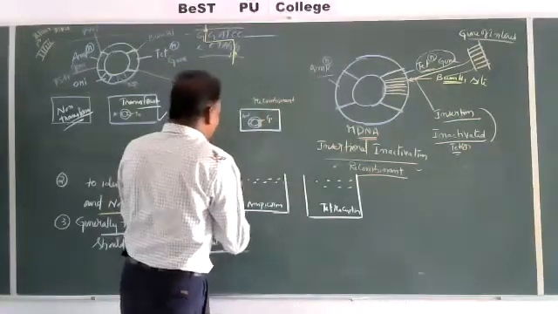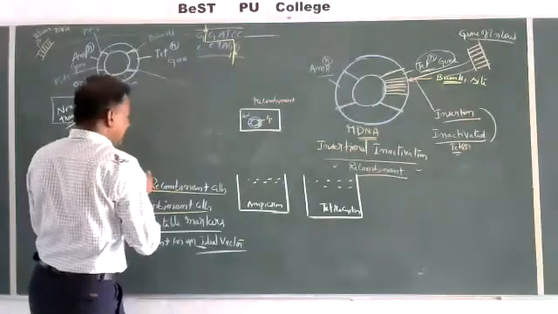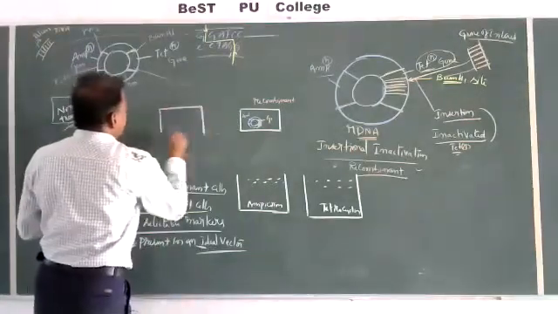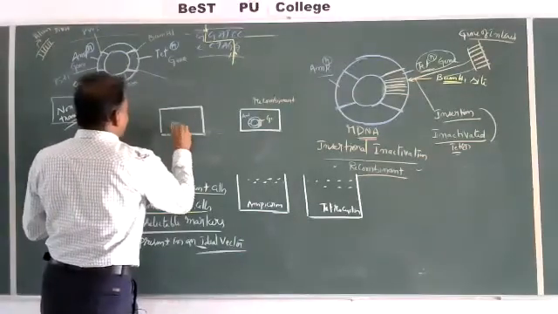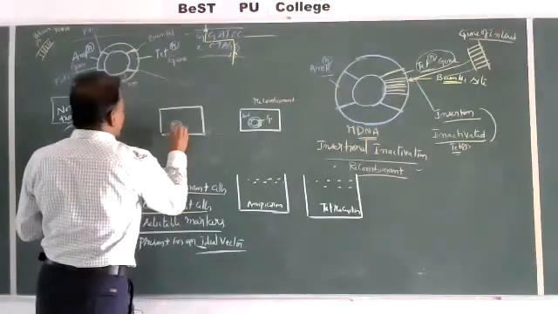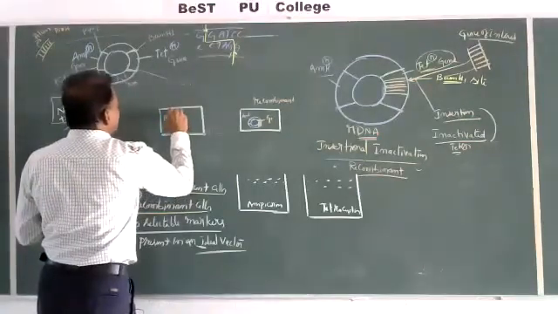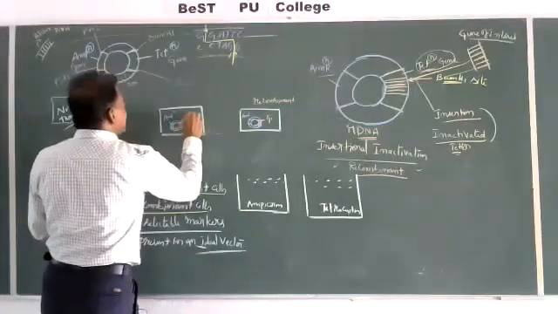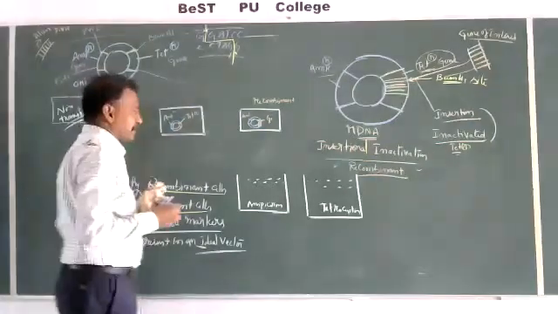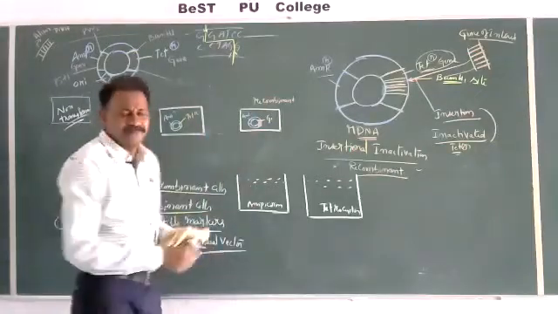A bacteria which is having a plasmid or vector with both ampicillin resistant and tetracycline resistant genes. Now, so many bacteria like this are there here.